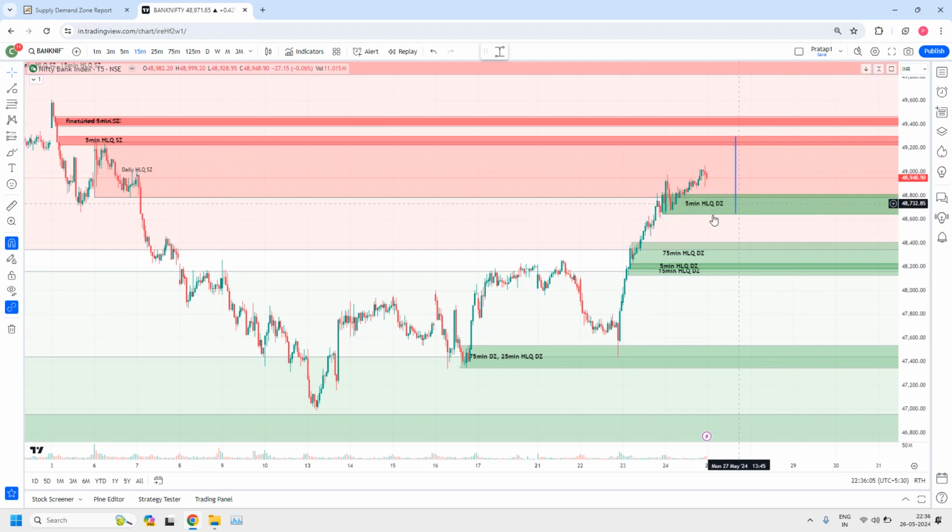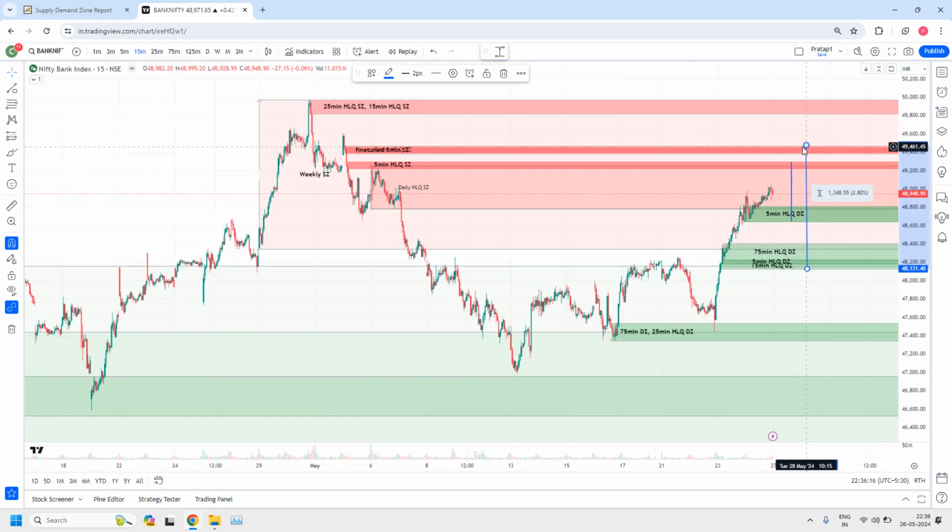Suppose if this demand zone is violated, probably you may get a range like this. The next range is from here to here, because here you have a trap, a bull trap. If supply is strong, that is what happens. Either from here or from here, you will see a strong move.